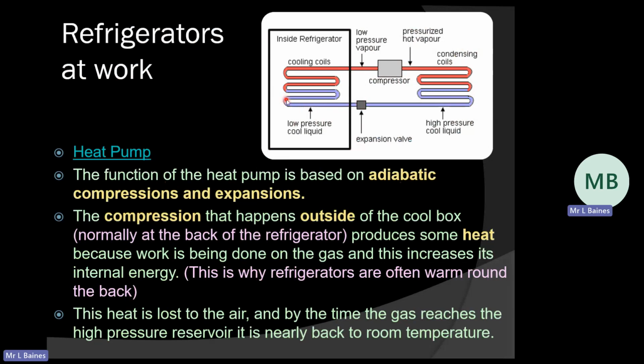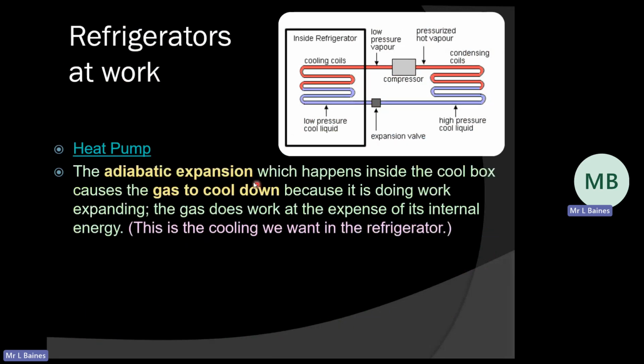As that very cold gas travels into your fridge, the fridge will be warmer than the gas that has just expanded. So the energy that's currently in your fridge transfers into the gas as it circulates around. What it's doing there is absorbing energy. If we go to this next scene, we've got that expansion.